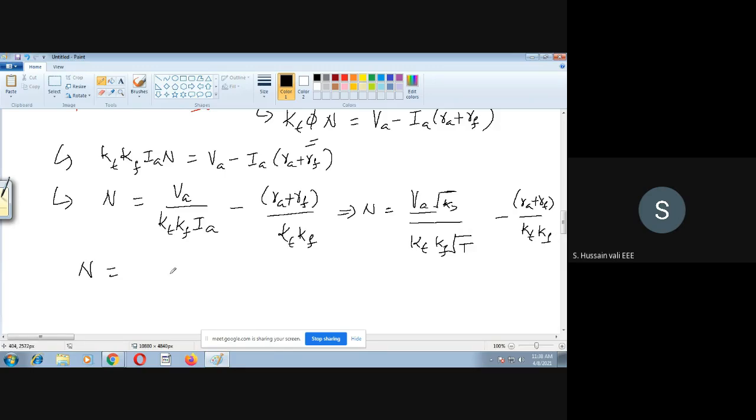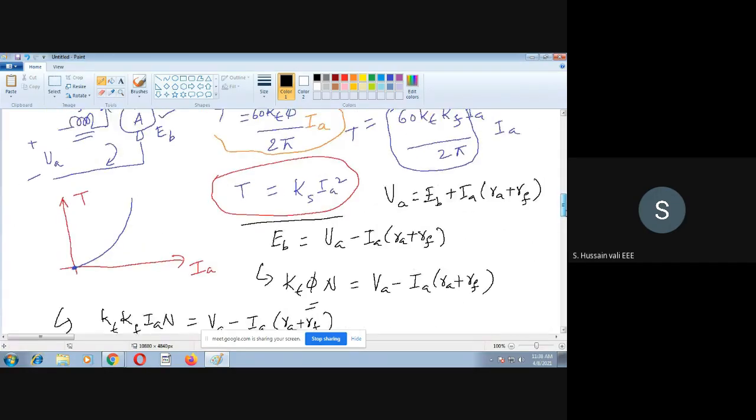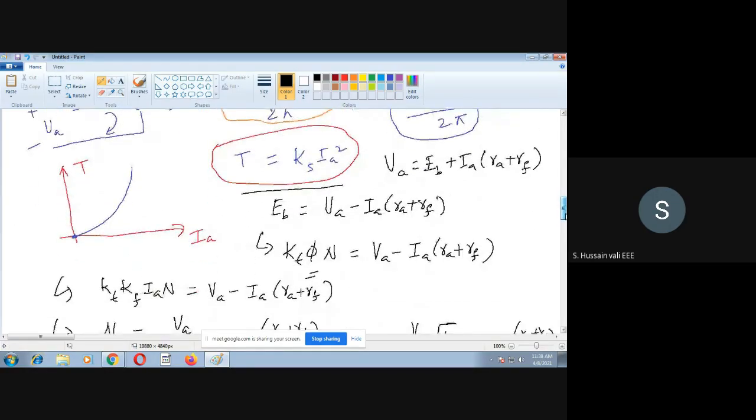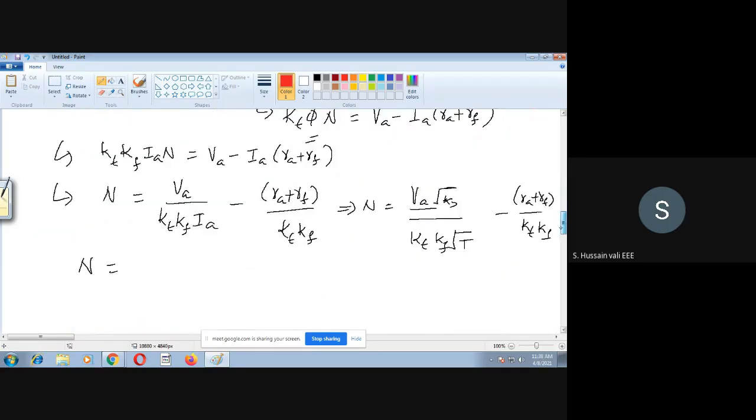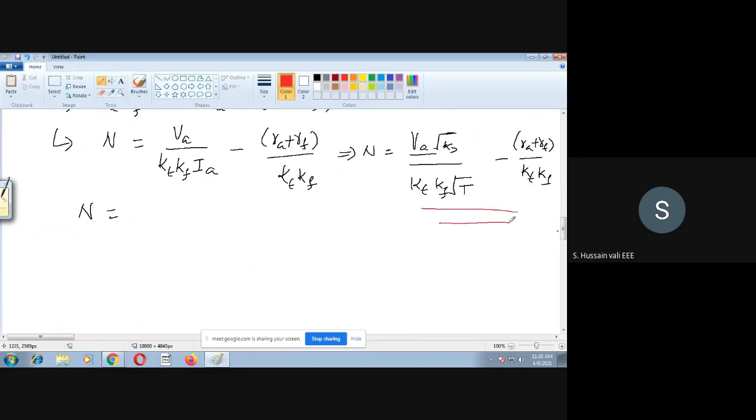We can simplify this further. So what is Ks we have taken here? Ks is something we have taken here, I will write it here. This one is Ks. Either we can substitute the Ks here or we will leave this equation as it is, there is no problem in that.